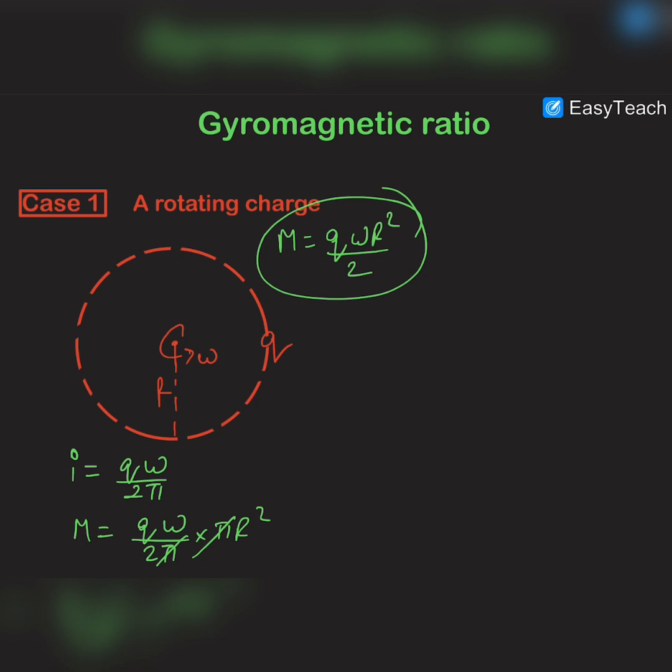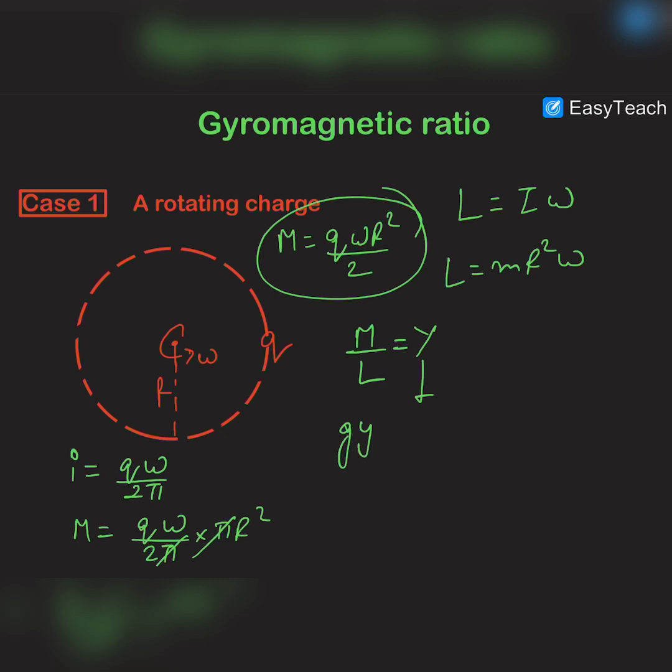Okay, so this is the magnetic moment, and if we write down the angular momentum of this rotating charge, it would be I omega, and I is m r square, into omega. So if we find the ratio of M and L, this ratio of magnetic moment to the angular momentum of this charge is called gamma, the gyromagnetic ratio.